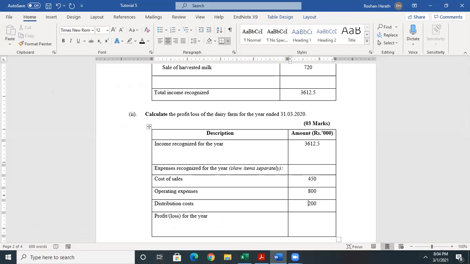Once you take that, you can get the profit from the operations of this entity for the year ended 31st March 2020. Expenses altogether are 1,450. 3,612.5 minus 1,450 comes to 2,162.5. So that is the gain you have made.